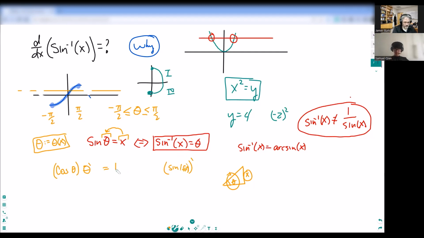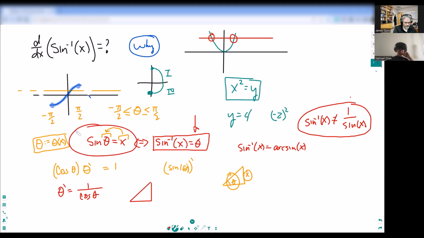Now, from here, the derivative for x is 1. And what I'm trying to do is solve for theta prime, because what really is theta? It's arc sine. Remember, an inverse trig function is nothing more than an angle. So I solve for theta prime, which is 1 over cosine theta. And here's where I can use my triangle again.